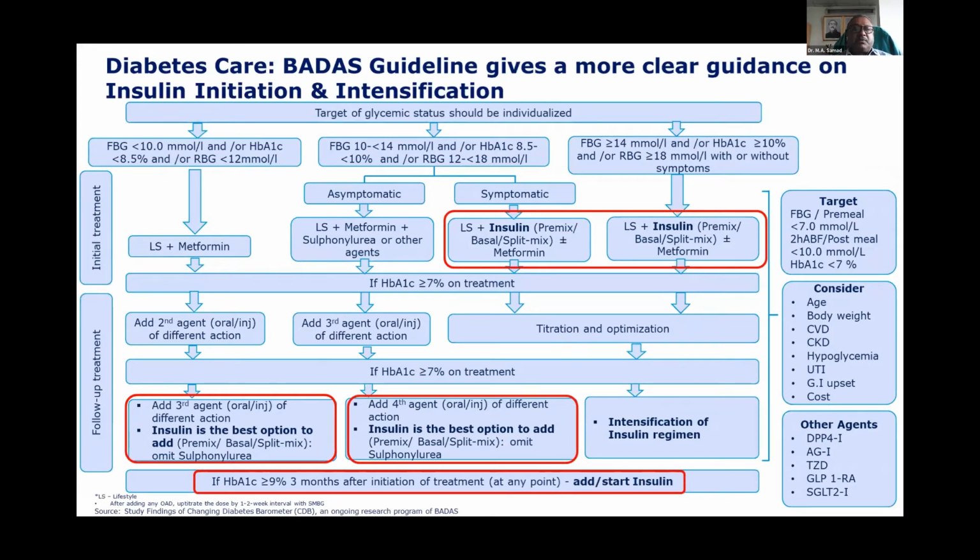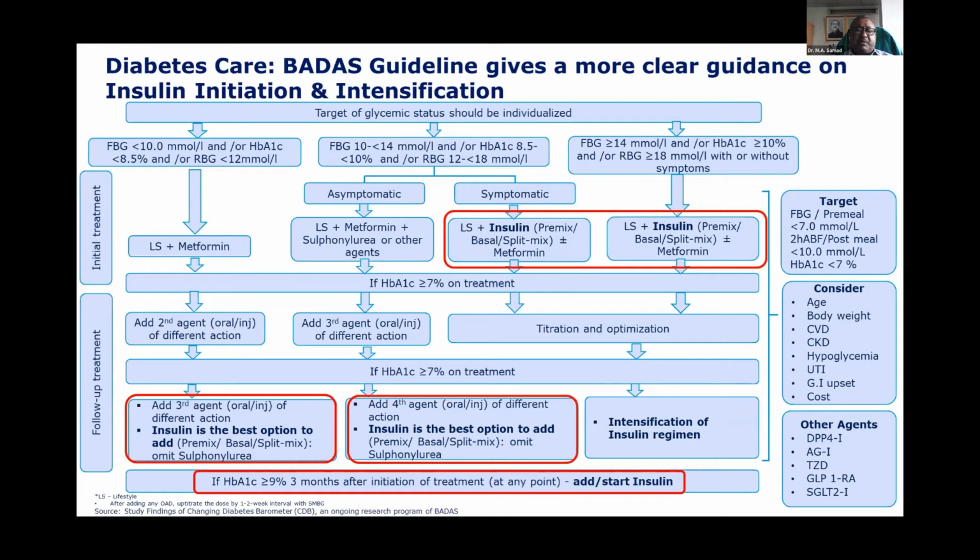If fasting plasma glucose is 10 to 14 millimole per liter, and hemoglobin A1C is 8.5 to 10, or random blood plasma glucose is 12 to 18, and the patient is symptomatic, along with lifestyle modification, you have to start insulin. If fasting plasma glucose is more than 14 and hemoglobin A1C is more than 10, with or without symptoms, whatever it may be, you have to start insulin.